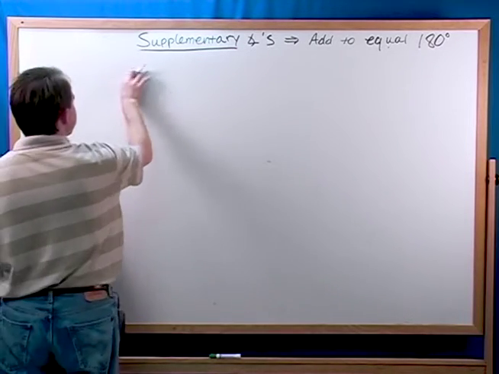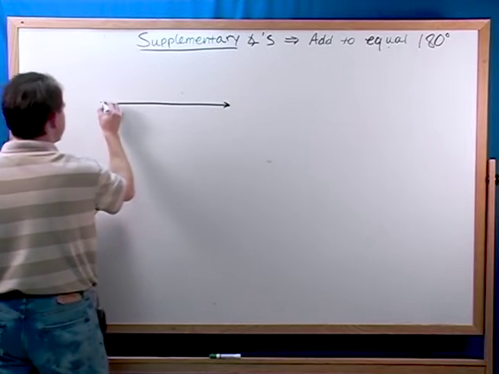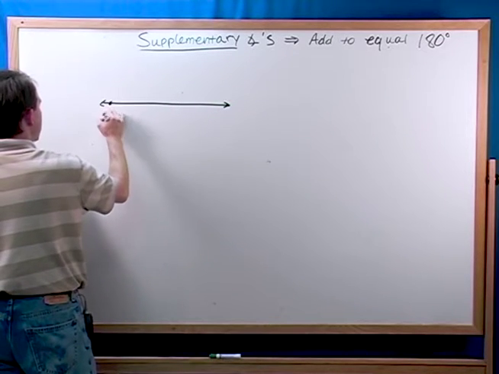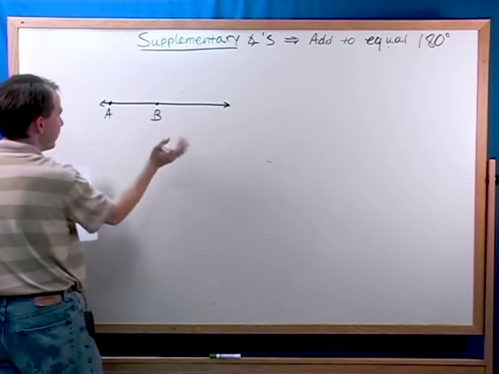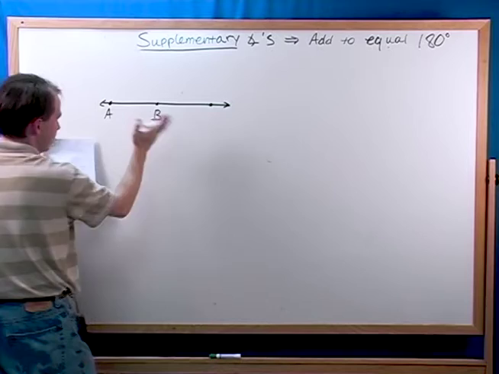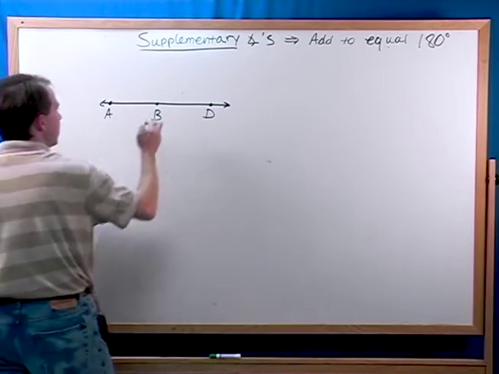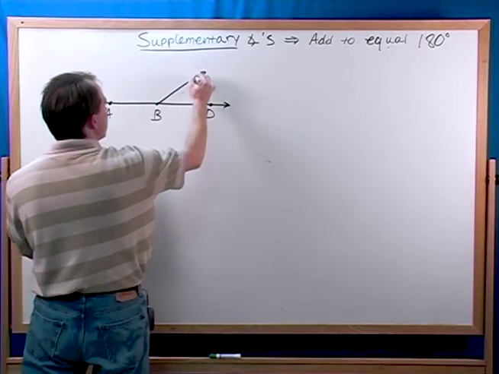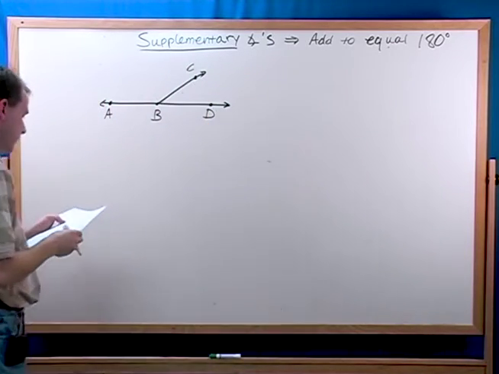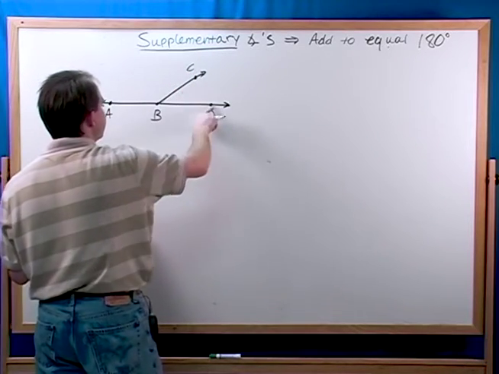So how would you draw this as a picture? Well, here's a straight angle here. We're going to call it angle A, vertex at B, although the vertex in this case is really not as important because it's flattened out. So this is straight angle ABD, and we're going to draw a ray off like this just to split it up, and this will be point C. So clearly we have angle ABC and angle CBD.